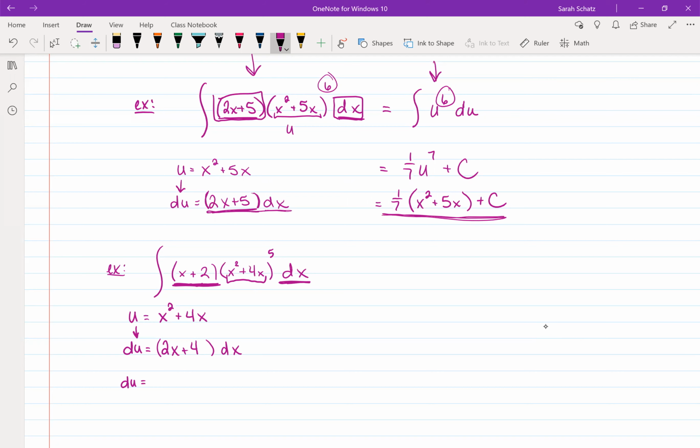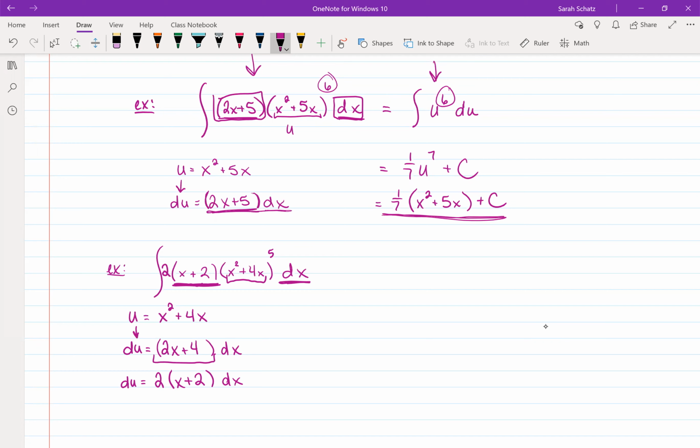Well, if you look at du closely, could I write that as 2 times x plus 2? Noticing that if I put a 2 into my original problem in front of that x plus 2, it does equal the 2x plus 4 I'm looking for.